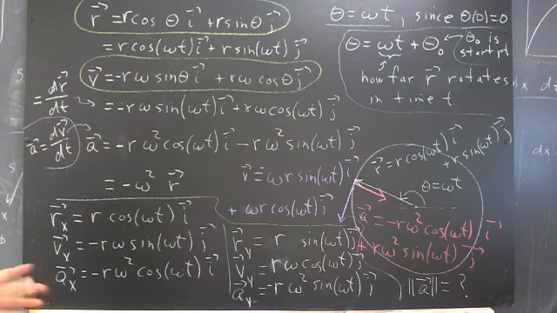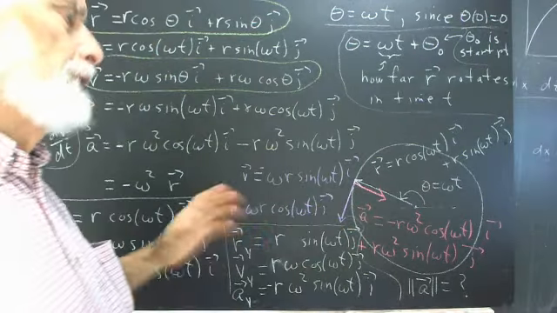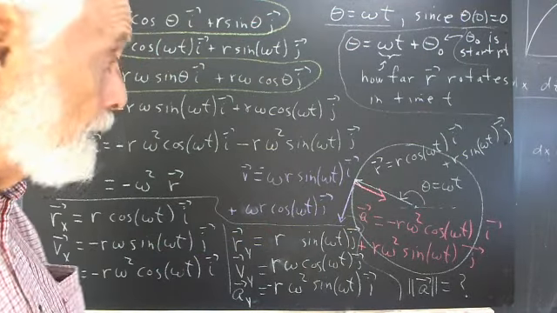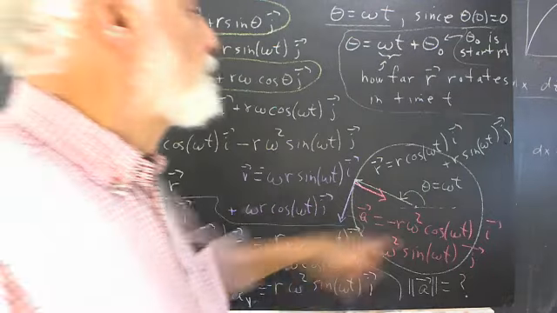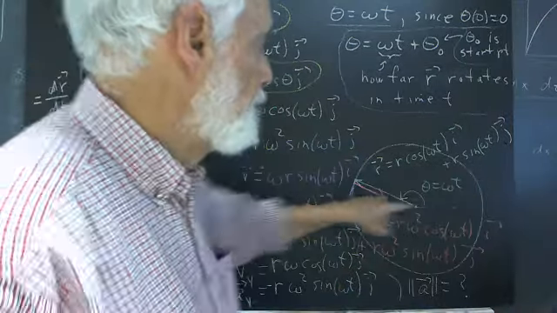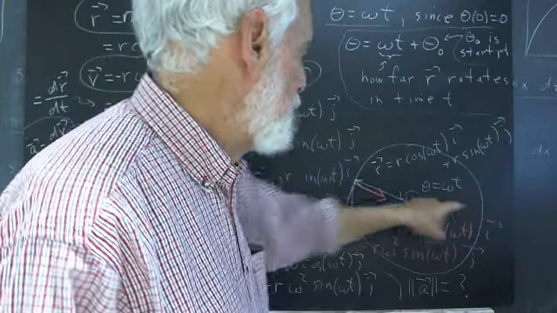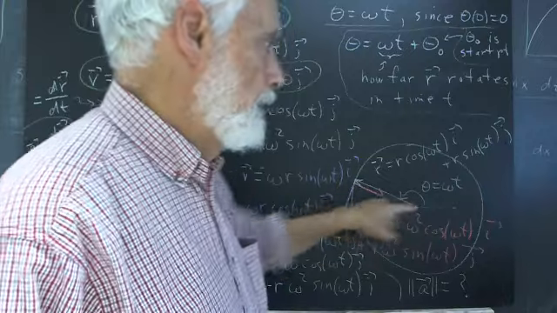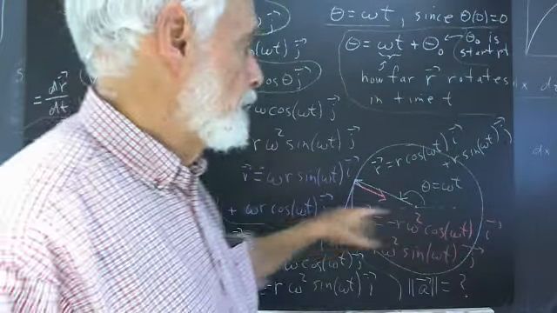Okay. Now, the next question that was raised is, what are the x components of these three vectors? Because, as I interjected between the video before this one and the last one, the x component of the r vector gives you a model of the simple harmonic motion of an object moving along the x-axis with an amplitude r.